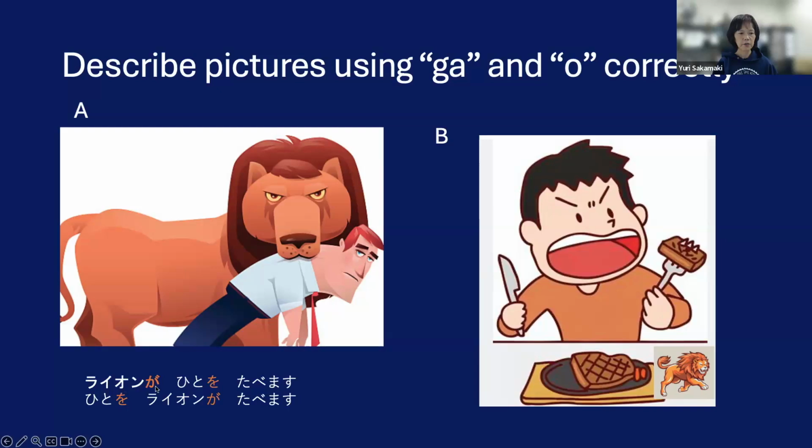So, ライオンが人を食べます。You can also flip and put o first. 人をライオンが食べます。That's okay too, as long as you have the verb at the end.